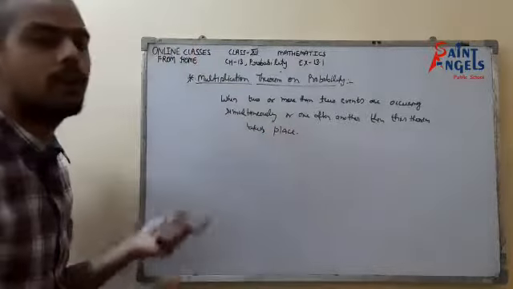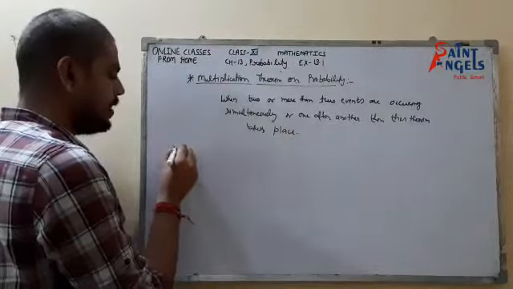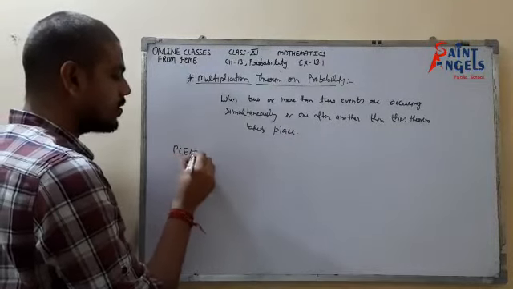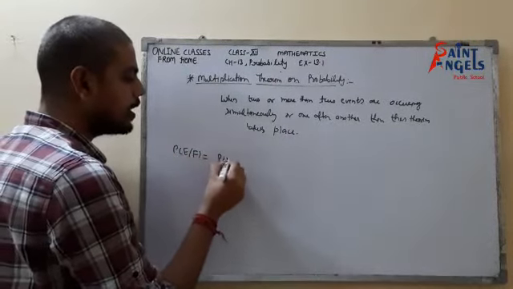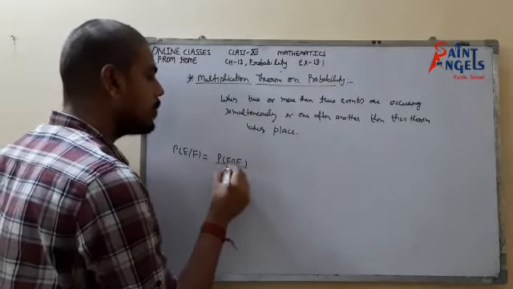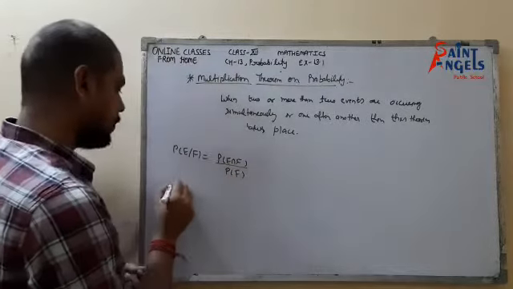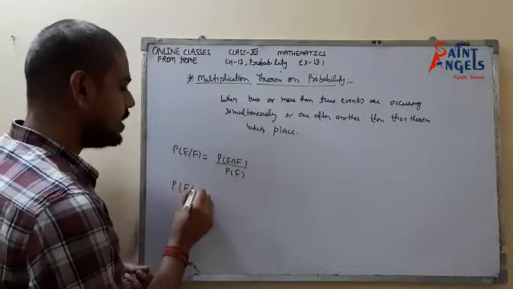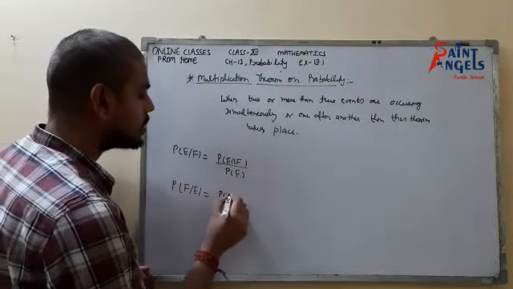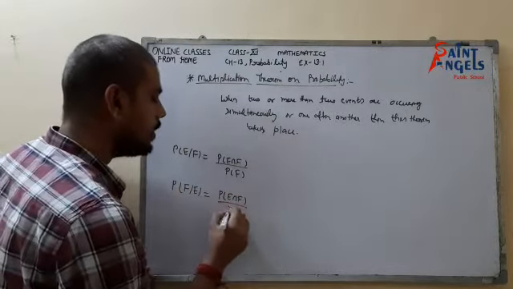Okay, and what this theorem is, we all know that P(E|F) is equal to what? P(E intersection F) upon P(F), or P(F|E) equals P(E intersection F) upon P(E).